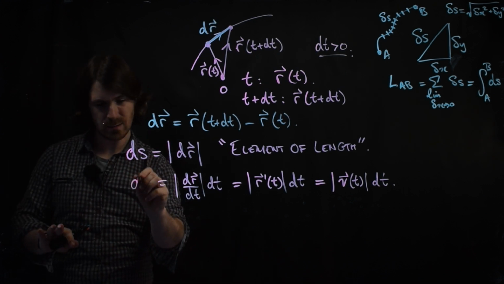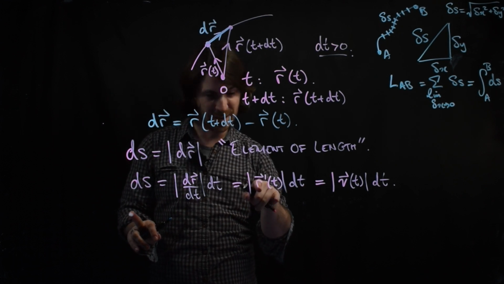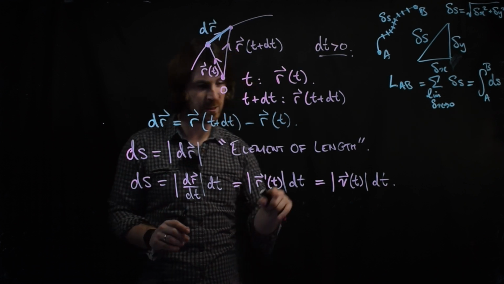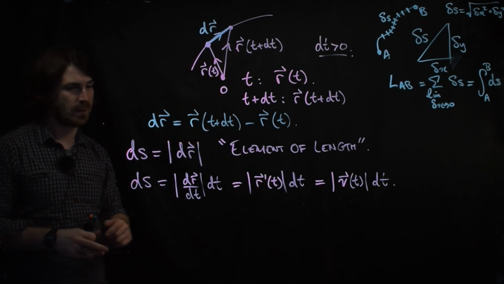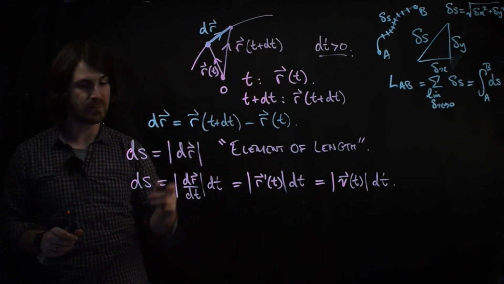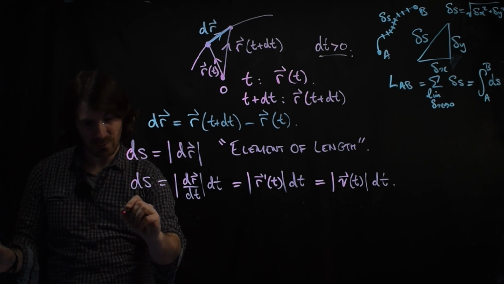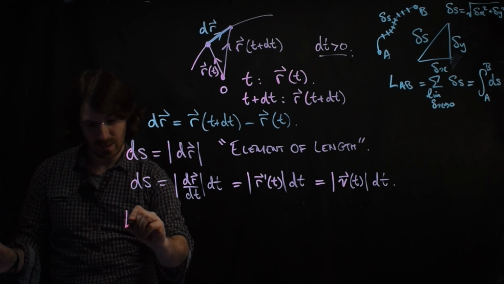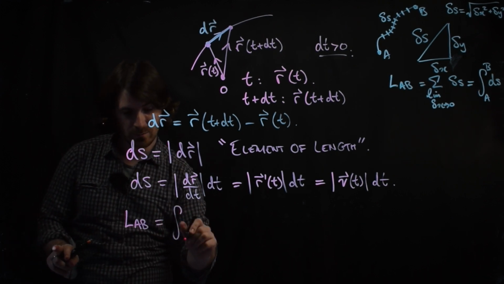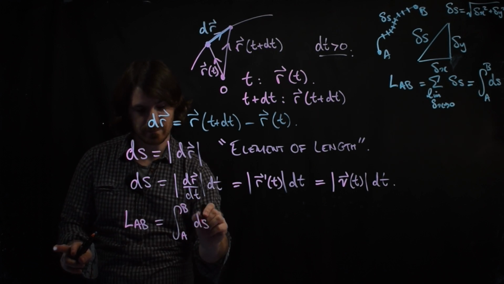So ds equals the magnitude of the derivative of the vector r at t, dt. And this is in practice what we'll use to calculate the lengths of curves. So if we have this, then the total length of the curve, L, between two points A and B, will be the integral between A and B of ds.